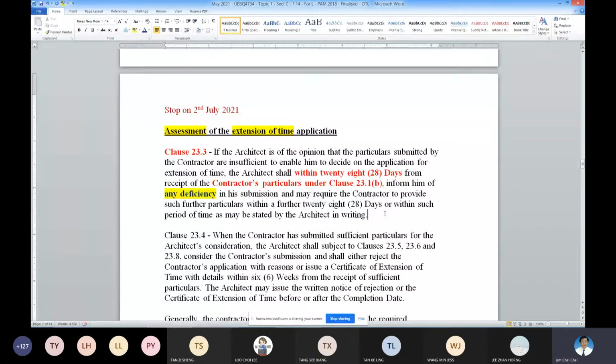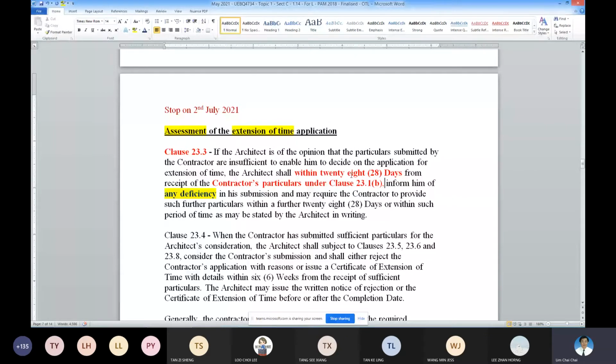First, after the completion of the so-called extension of time activity, the contractor needs to supply all the particulars. But before that, the contractor will invoke clause 23.1a. That is, before the event starts, if there is an AI or instruction given, then within 28 days the contractor must inform whether there is a time claim that is entitled under the contract.